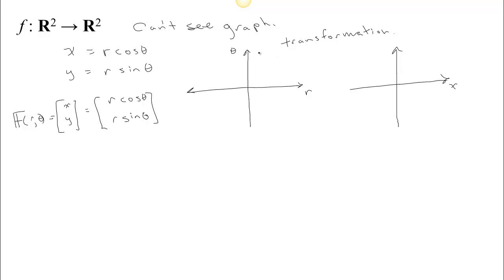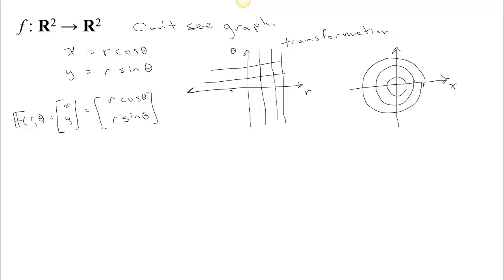If we think about a line here, a vertical line, that's a line where r is constant, in the r theta plane, and those vertical lines just become circles, right? On the other hand, a horizontal line would be a line of constant theta. So now the angle is a constant.